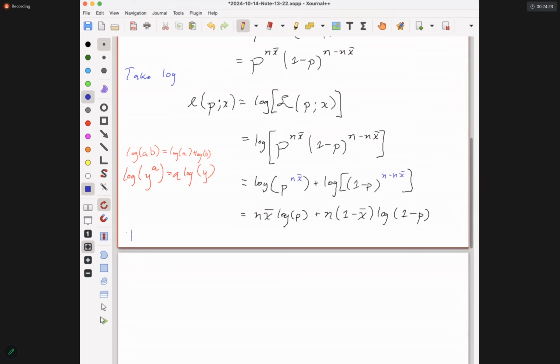So now our next step is to take the derivative, because we want to do the first derivative test of this, so that we find the point where our first derivative is 0, our second derivative is negative, and that indicates that our function has a maximum at that point. So what is the derivative of this one with respect to p?